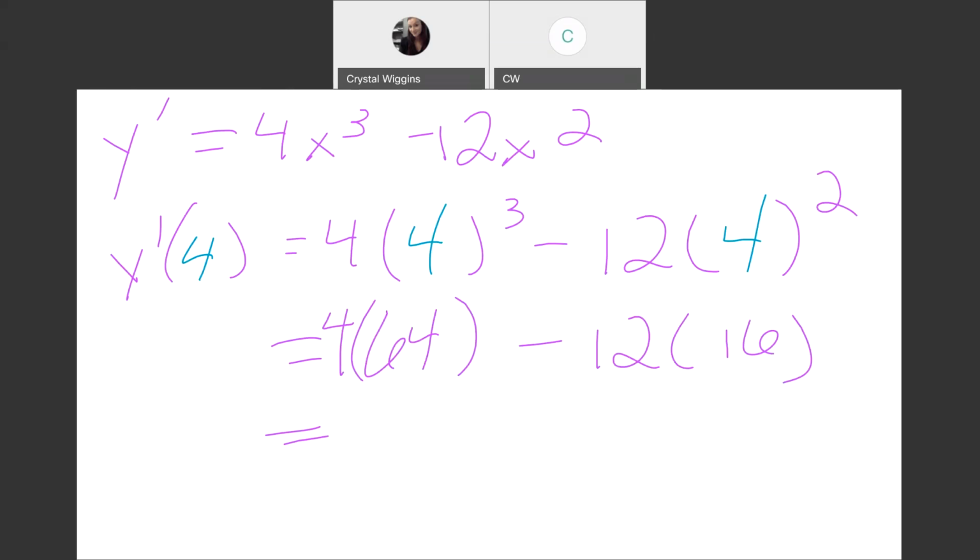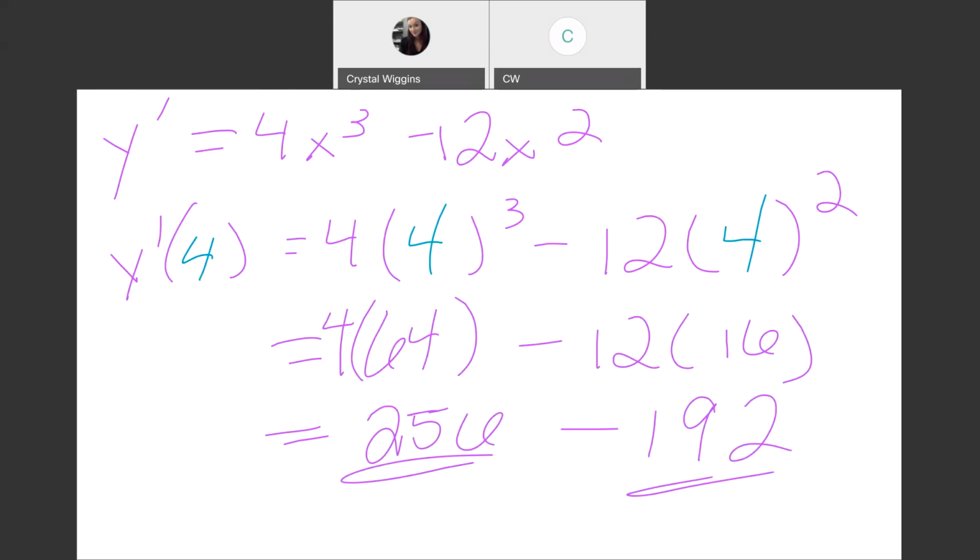Okay, so 4 times 64 gives us 256. 16 times 12 gives us 192. Now 192 is a smaller number than 256, which means the result itself is going to be positive, indicating that to the right of 3, we have a function that is increasing. So let's take a look at what we know so far.